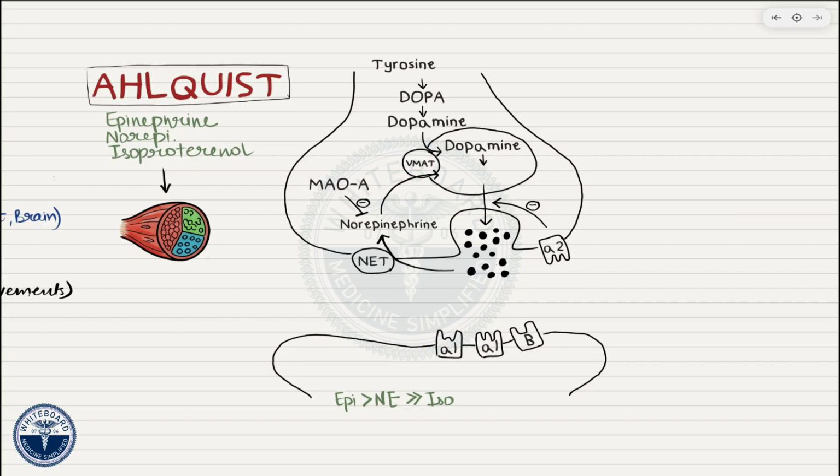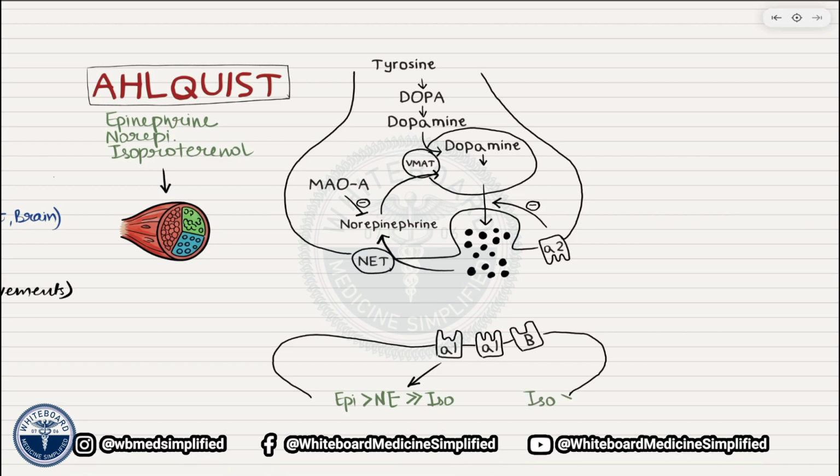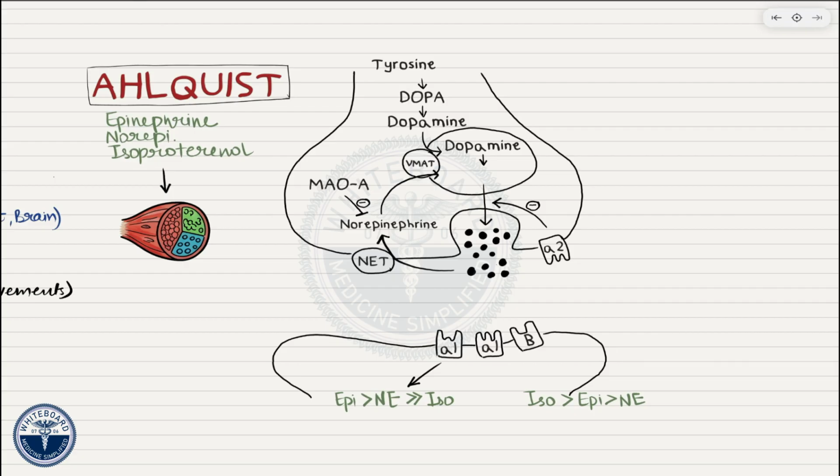And these receptors were classified as alpha receptors. However, another group of receptors showed a completely different pattern. These receptors responded most strongly to isoproterenol, followed by epinephrine, and least strongly to norepinephrine. Since these response patterns were clearly different, Ahlquist concluded that adrenergic receptors could be divided into 2 distinct families, which he named alpha receptors and beta receptors.